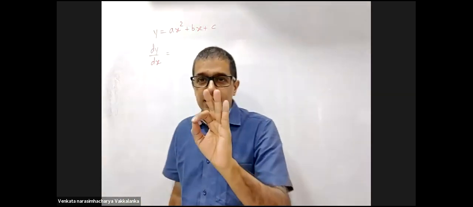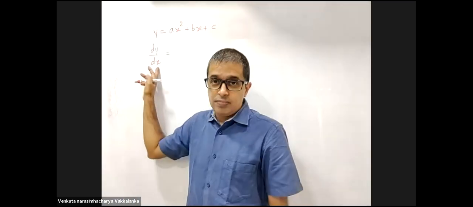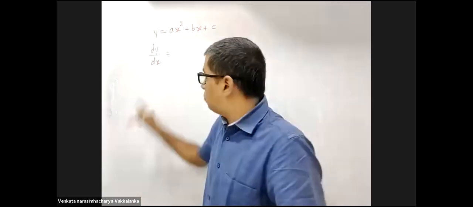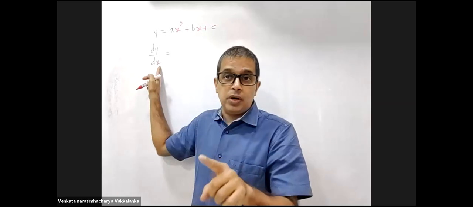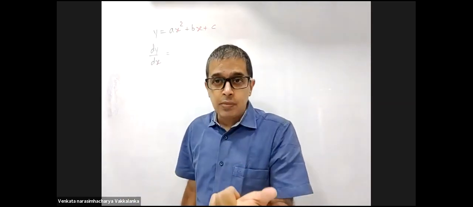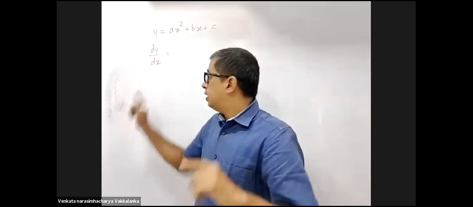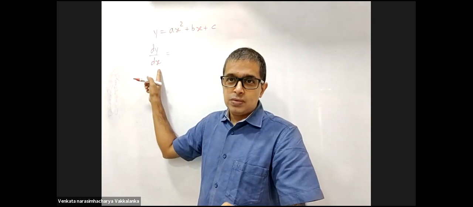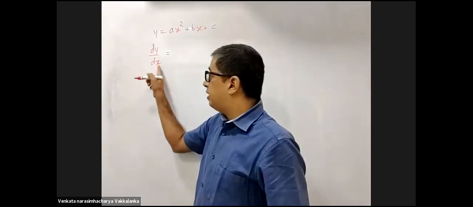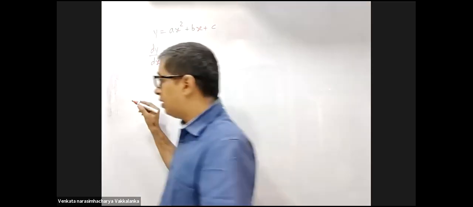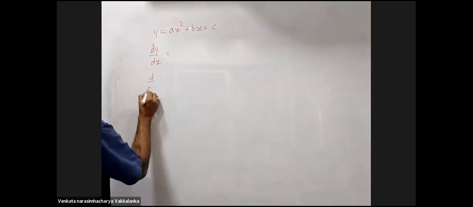In colloquial language, there are 3 ways of addressing this. Differentiation of y with respect to x. Specifying x is important. Second, dy by dx. Third, d by dx of y.